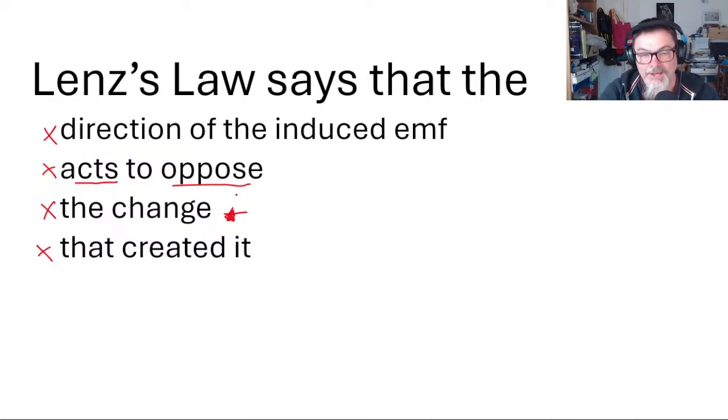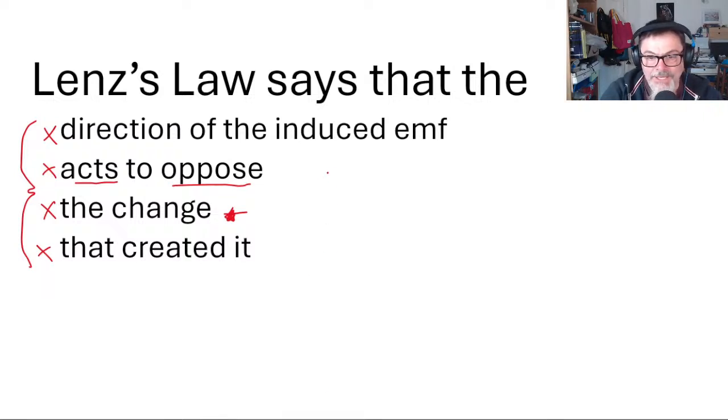Often it's something like an increase of flux lines or a decrease of flux lines, or you might want to say perhaps it's a movement of a magnet towards a coil, like in our example. Either way, the induced EMF acts to oppose the change that created it, and the key bit is identifying that change. Now in a way that doesn't look too difficult. I've seen multiple questions on the papers that ask you to define Lenz's law or state Lenz's law.